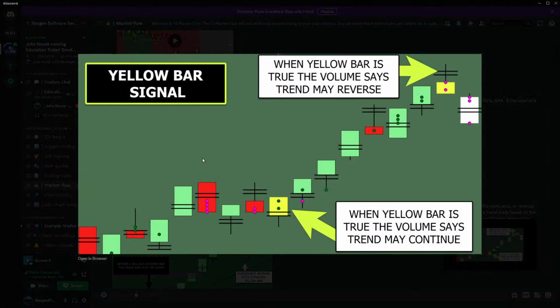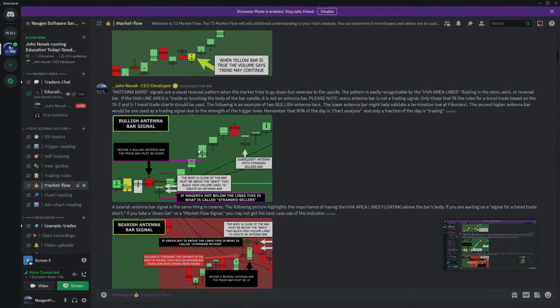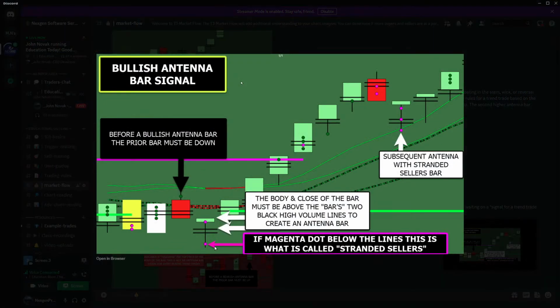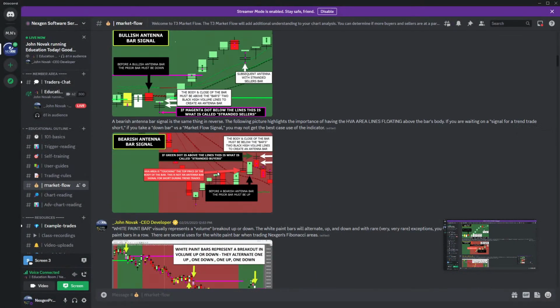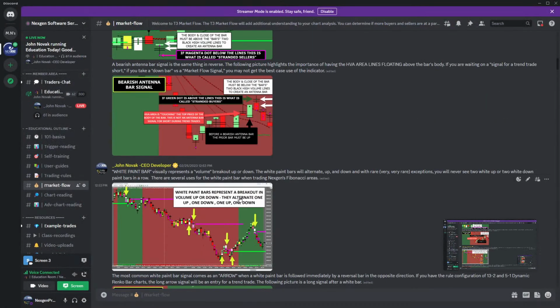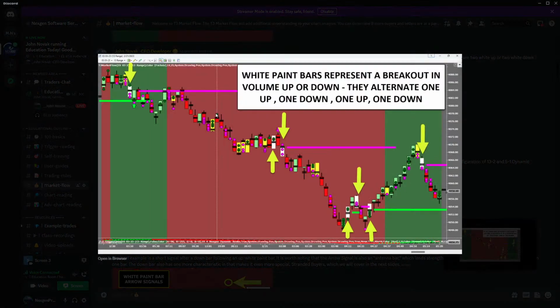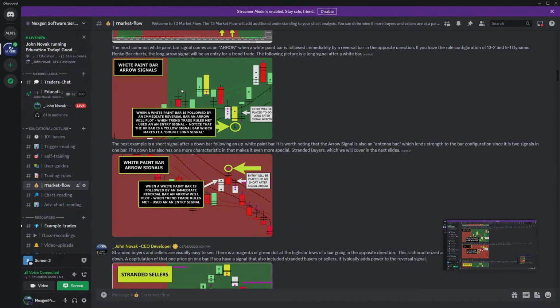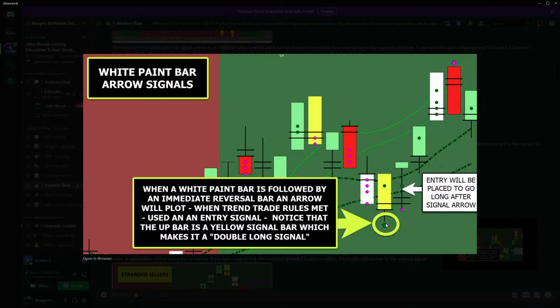So, like, what's a yellow bar? That's in there. What's an antenna bar? What does it mean? What's the pattern? What does it look like? I got it. What about a bearish antenna bar? Yes, got it. What's a white paint bar? What does it mean? Well, it's written out. What about the arrow after a white paint bar?